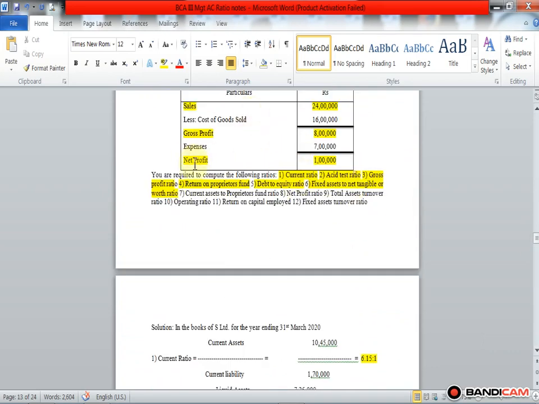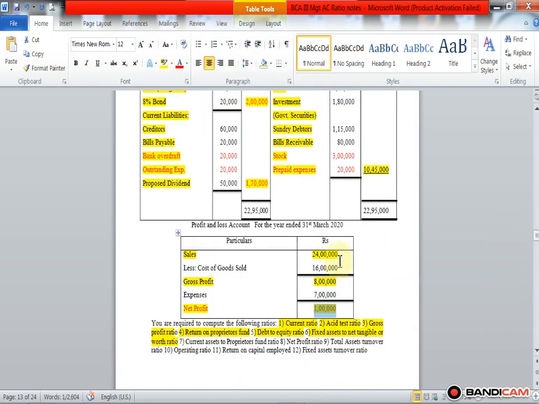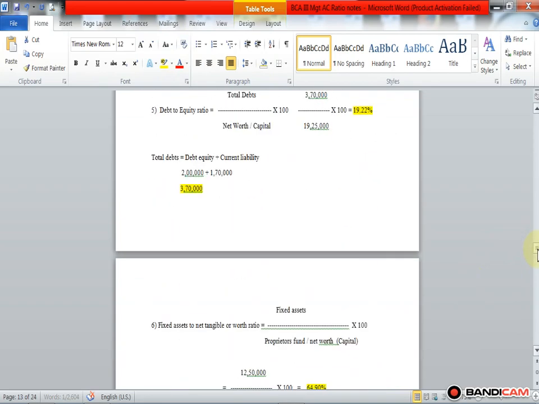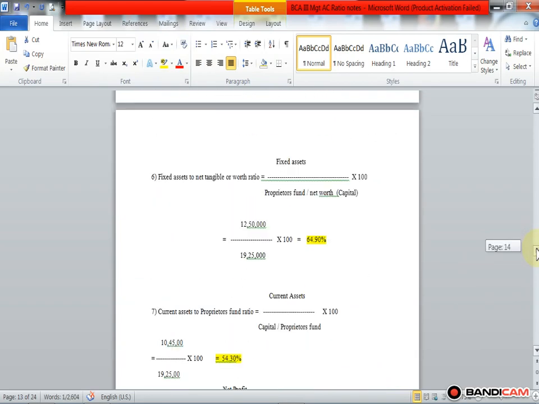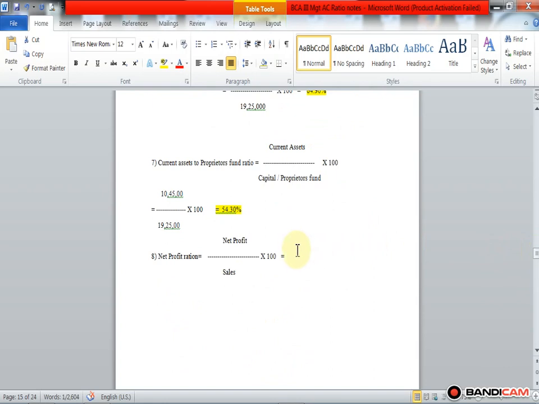Okay, net profit is equal to 1 lakh given in the problem. So put this amount of net profit in the formula, and sales is also given in the problem, that is 24 lakh. So here 1 lakh divided by 24 lakh multiplied by 100, we get the percentage of net profit.